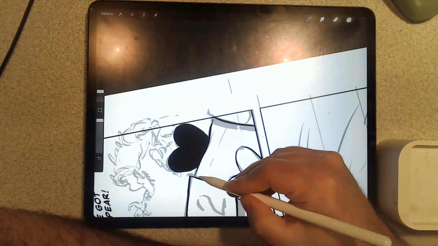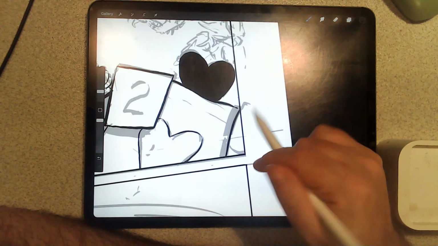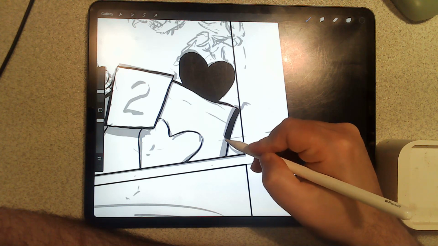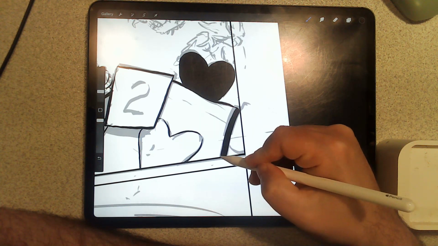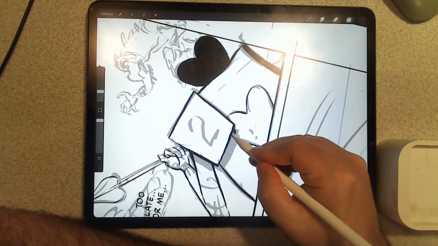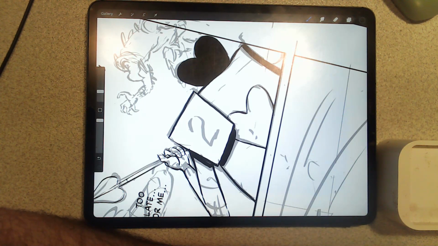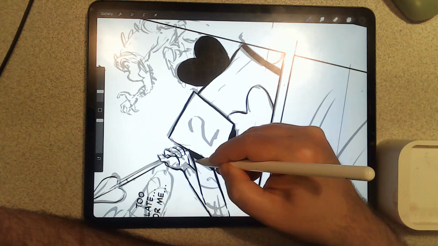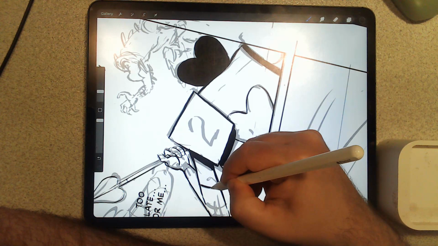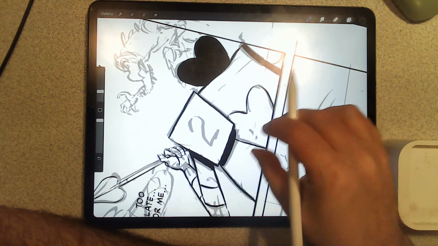And then everything else, shading and detail. So there's shade here. There's shade underneath this shoulder guard. And on this side. This is detail, these sort of segmented pieces.